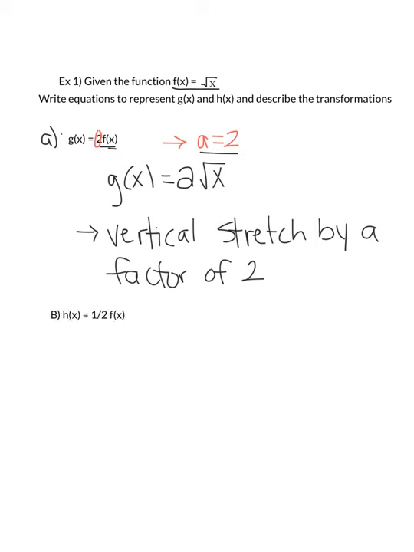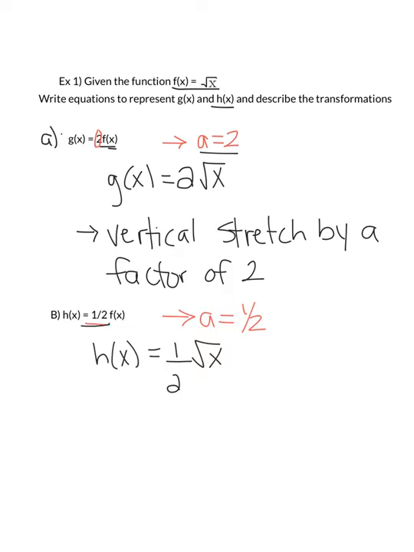The next part of this example is the h of x that they were talking about in the question. So h of x is equal to 1/2 f of x. So again, the first thing that I see is that I have a 1/2 out front. That means that my a is equal to 1/2. If I'm writing my function out, I have, not a g anymore, sorry, h of x is equal to 1/2 root x.